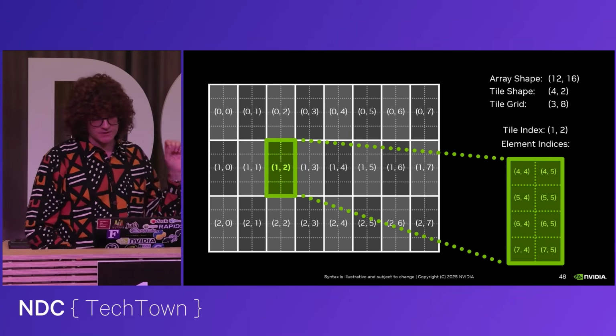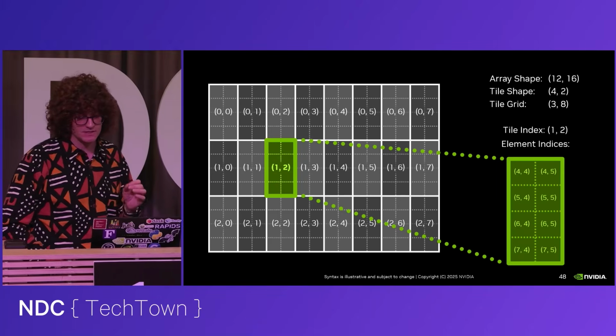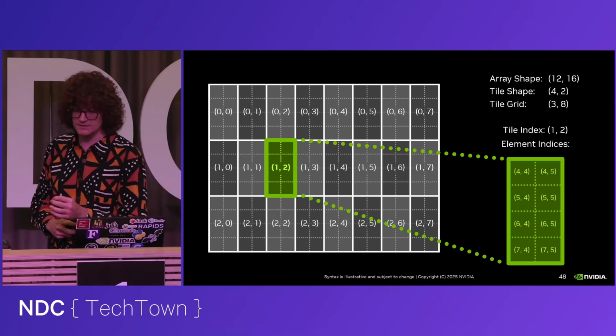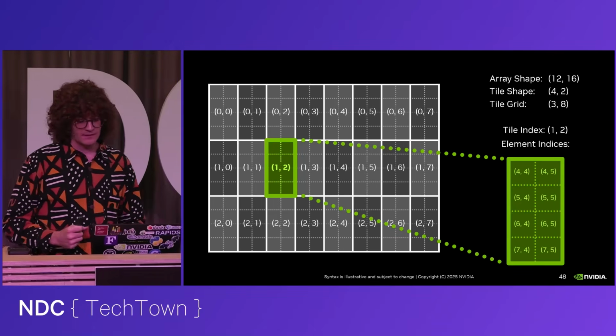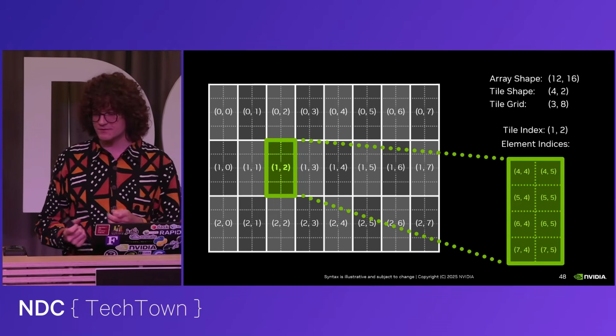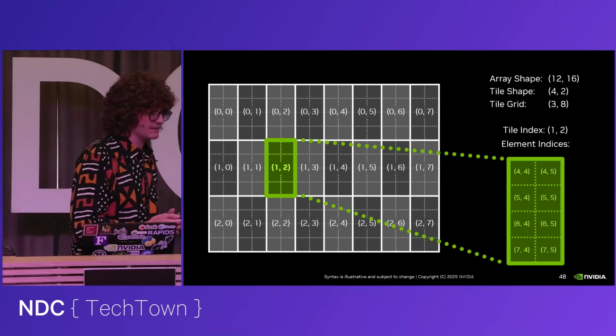Remember the distinction between blocks, subgroups of threads, which are a unit of execution, and tiles, subsets of global arrays, a unit of data. A block may work with multiple different tiles with differing shapes originating from differing arrays.